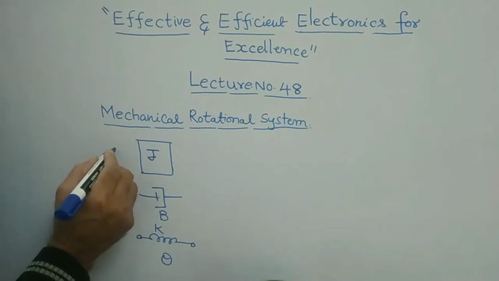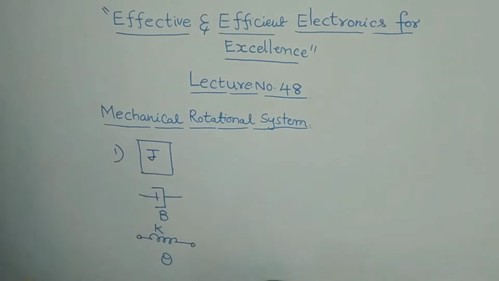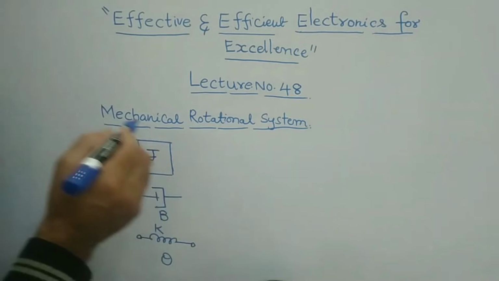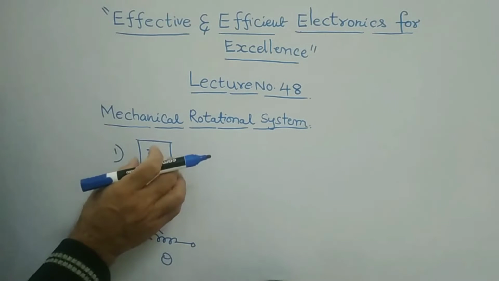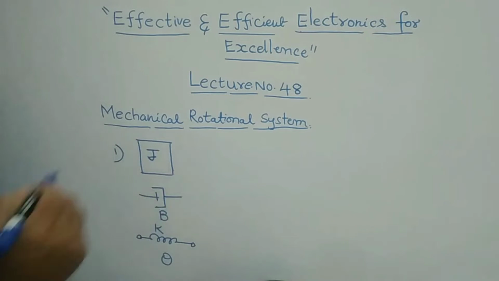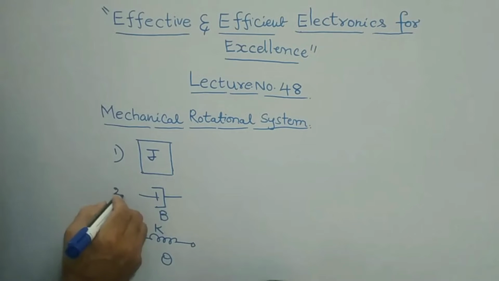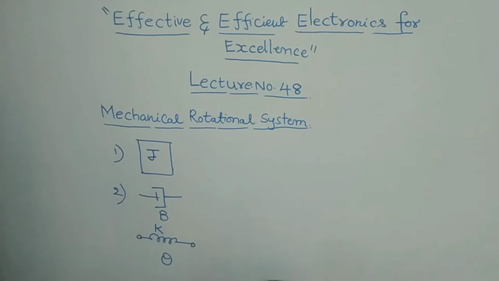These are the basic elements. The first element is the mass element; the mass or weight of that mechanical element is represented by J. What is J? It is the moment of inertia. The second is the frictional coefficient or damper coefficient B, sometimes called the dashpot.